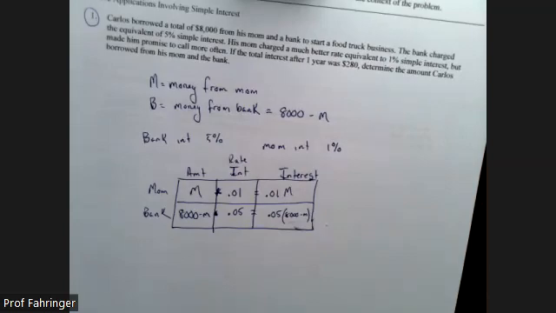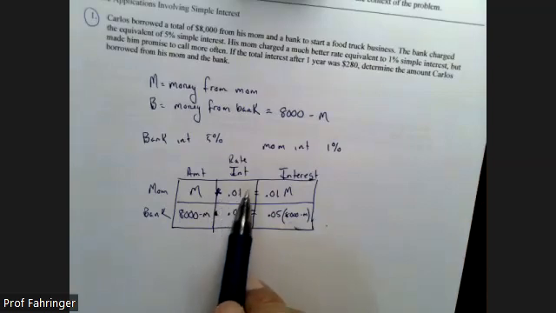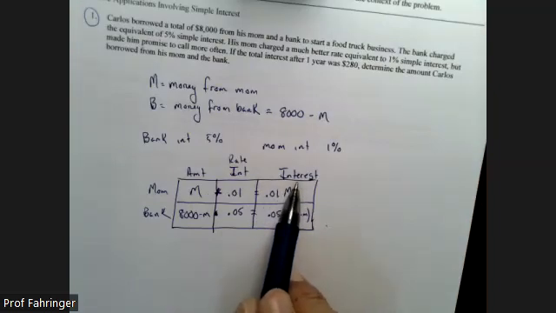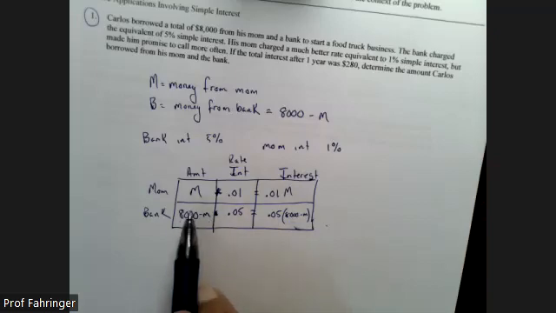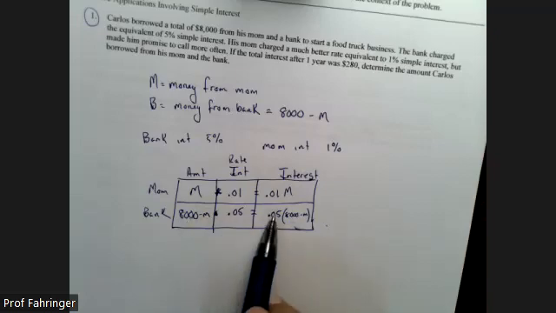Every once in a while, I need to sit back and think, okay, this is the money from mom. This is the money from the bank. At the end of the year, I have to pay mom 1% interest. So 1% of that money goes to mom. At the end of the year, I have to pay 5% interest to the bank. So 5% on the bank amount equals this.